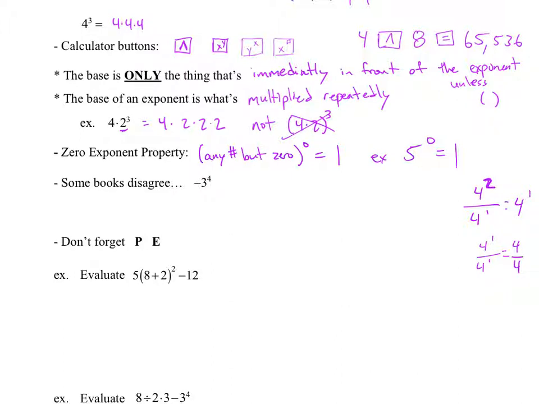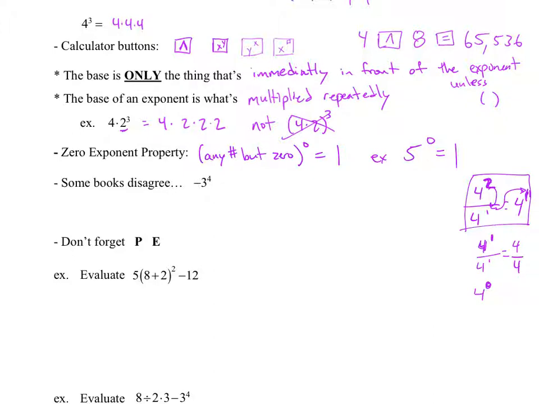If you take my subtraction method, it's the same as 4 to the 0 power. You take your top exponent and you subtract the bottom one. That gives you your new exponent. 2 minus 1 gives you 1. So with 4 to the first power divided by 4 to the first power, 1 minus 1 is 0.